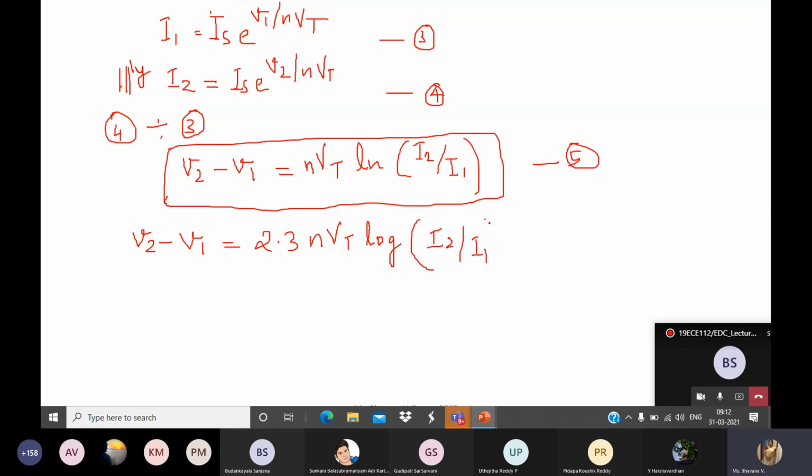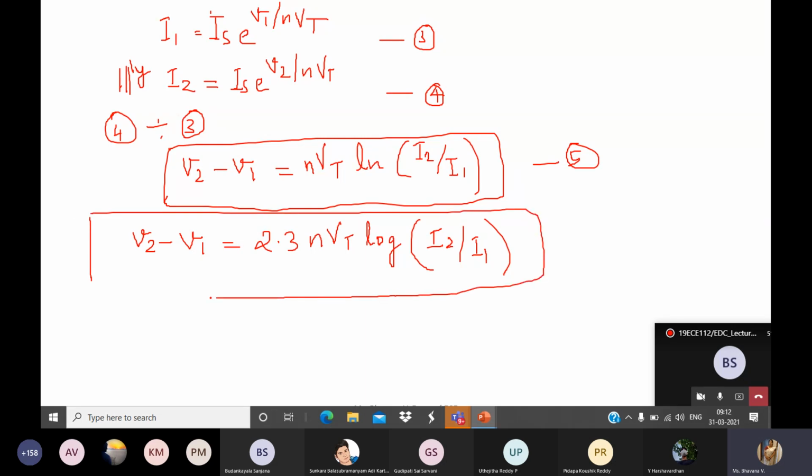In base 10 logarithm, the difference in the terminal voltage is equal to 2.3 nVT log I2 by I1. Understood? This one, V2 minus V1. These are the basics. To convert ln to log, you have to multiply it with 2.3.